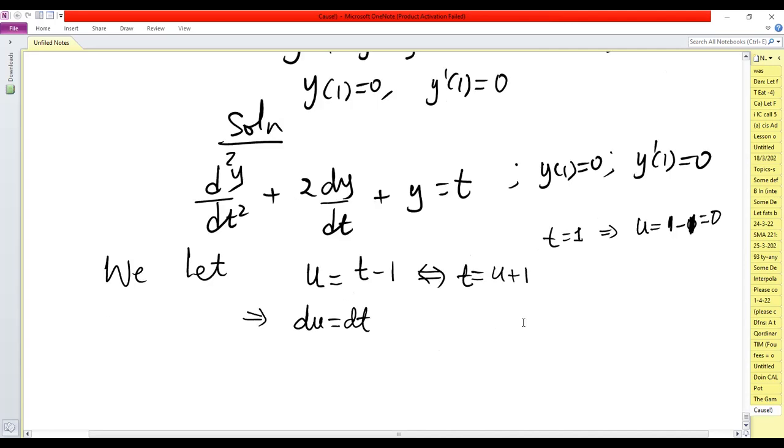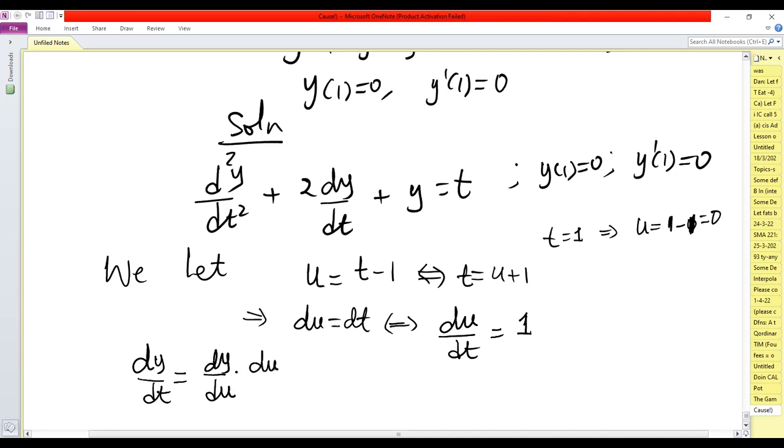So then now we change the differential equation from being with respect to time to being with respect to this new variable u. So this is the same thing as saying du dt is the same as 1. Now, dy dt, by chain rule, is the same as dy du times du dt.